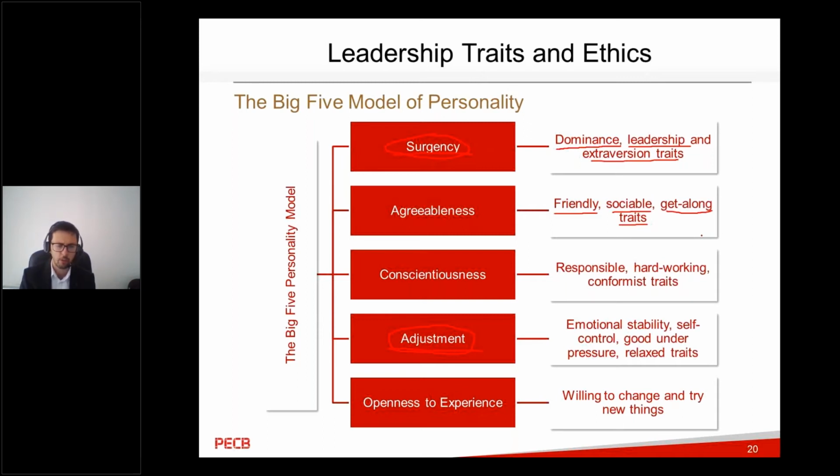When we talk about conscientiousness, we talk about the dimension which helps people to reach goals, for example. As we said in the previous lecture as well, it is something that people try to express when they are very responsible, hardworking, and tend to have these conformist traits.